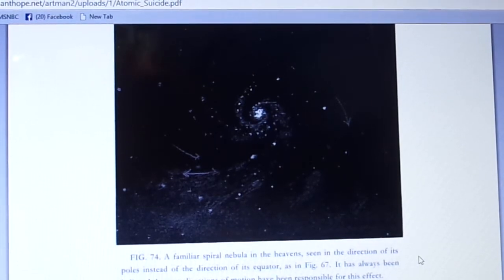A familiar spiral nebula in the heavens, seen in the direction of its poles instead of the direction of its equator, as in Figure 67. It has always been believed that two directions of motion have been responsible for this effect.